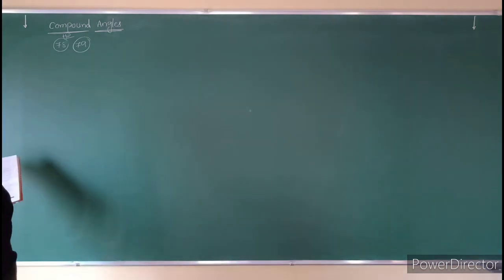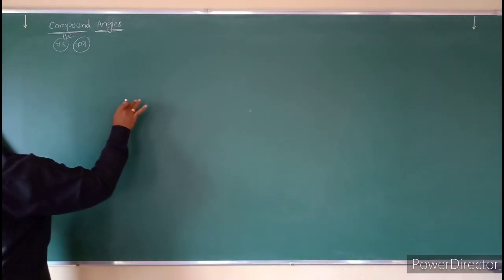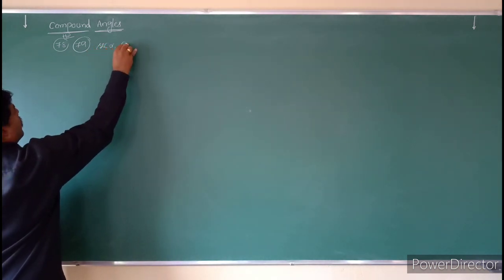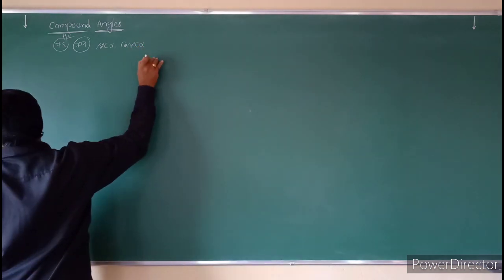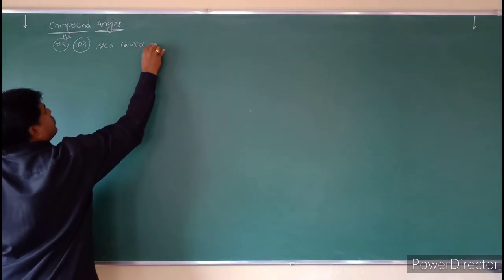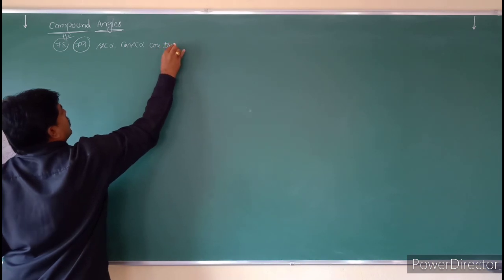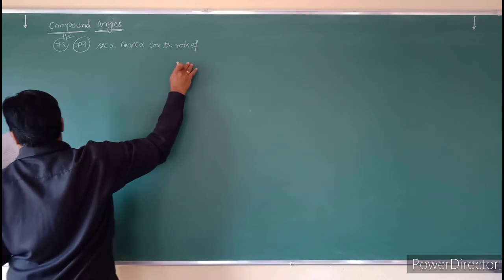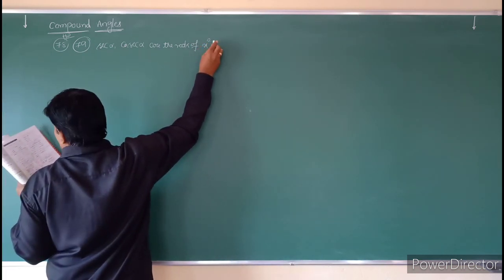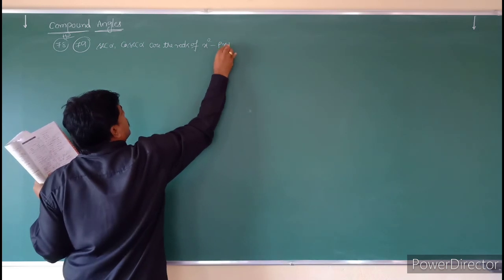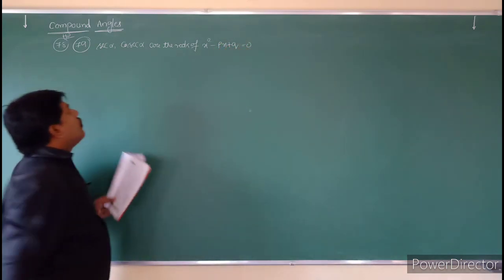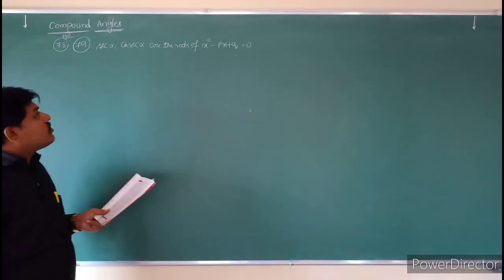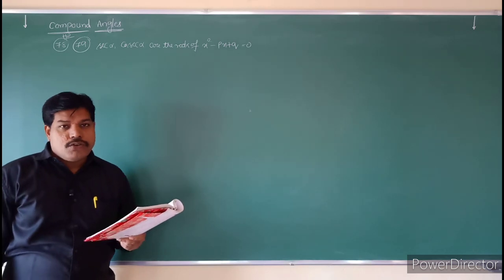The question number 79 is: secant alpha and cosecant alpha are the roots of the equation x square minus px plus q is equal to 0.